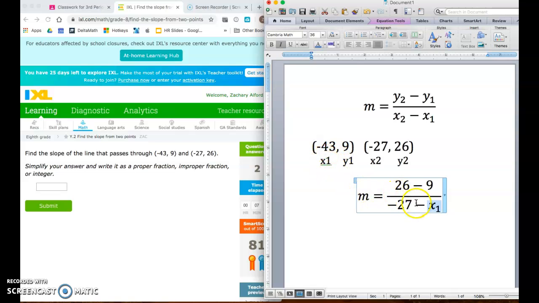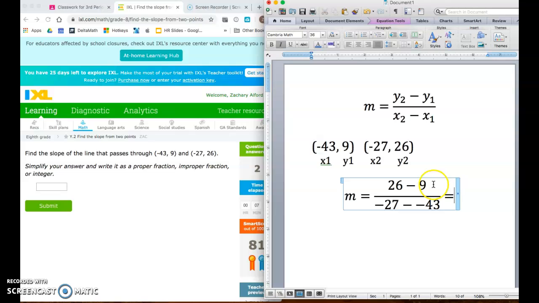So watch what I do. This is going to be minus negative 43. Okay? So this minus sign still stays from the original formula. It's right here. And then this negative 43 is just written as negative 43. So this is written at the bottom as negative 27 minus negative 43.